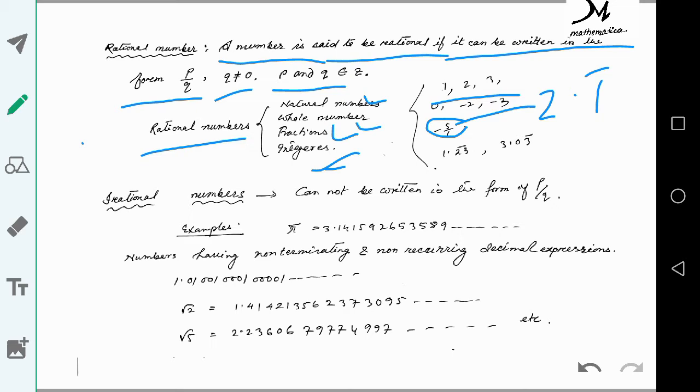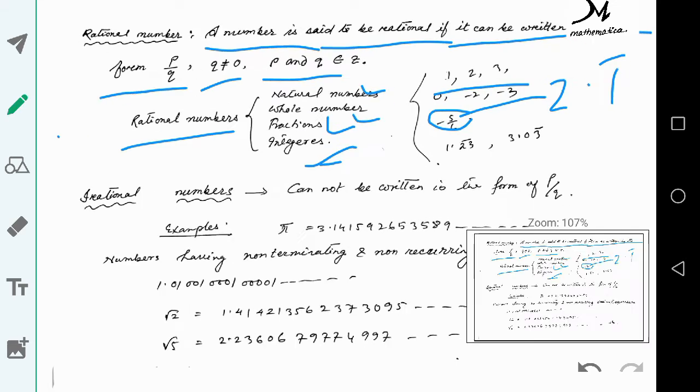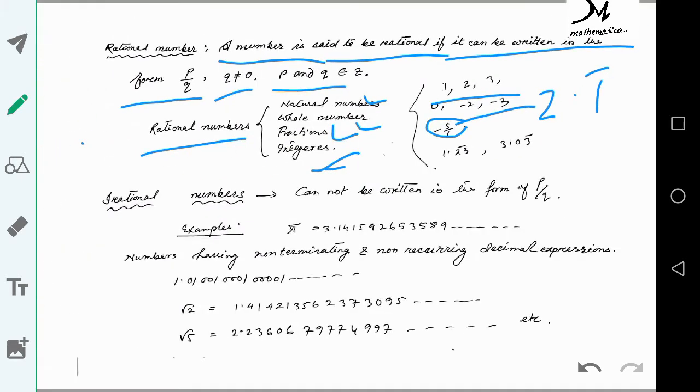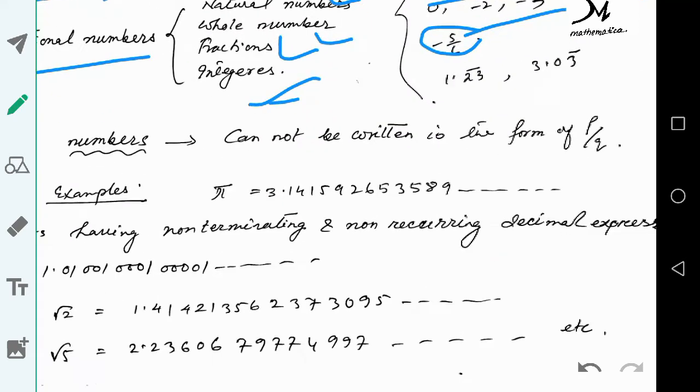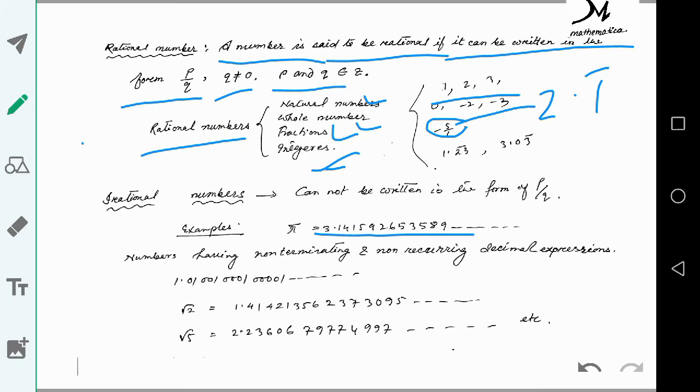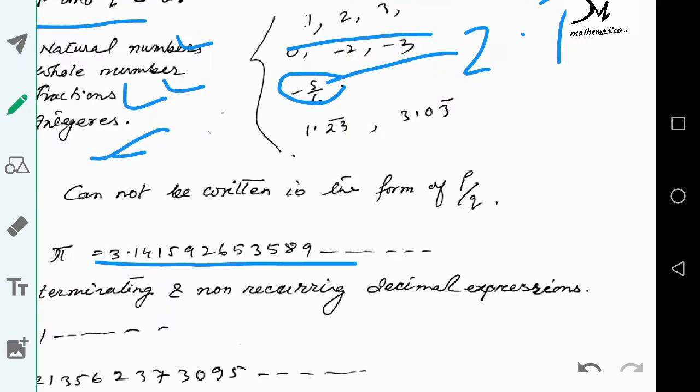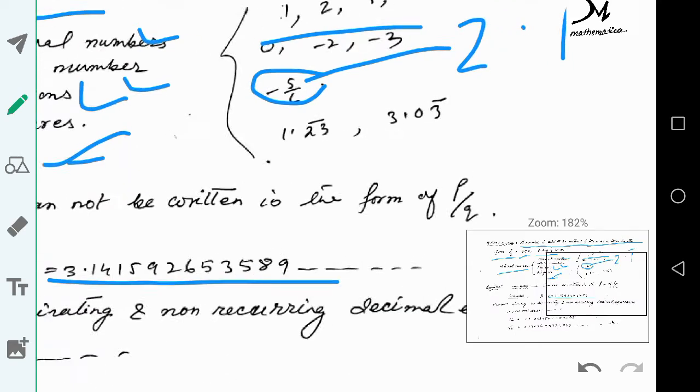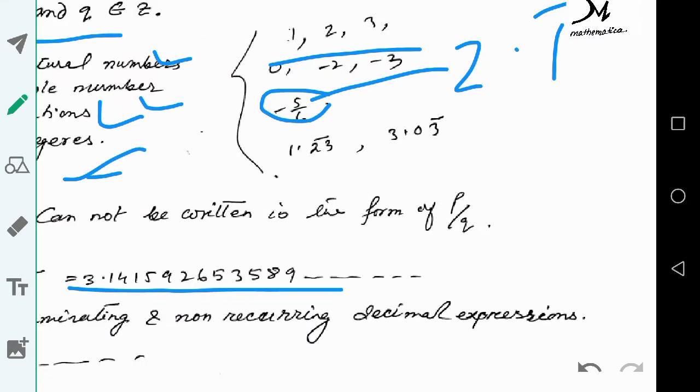When will it be irrational? If the decimal expansion is non-terminating and non-recurring. Suppose the value of pi. So here you see, the value of pi is equal to 3.14159265389 and so on.